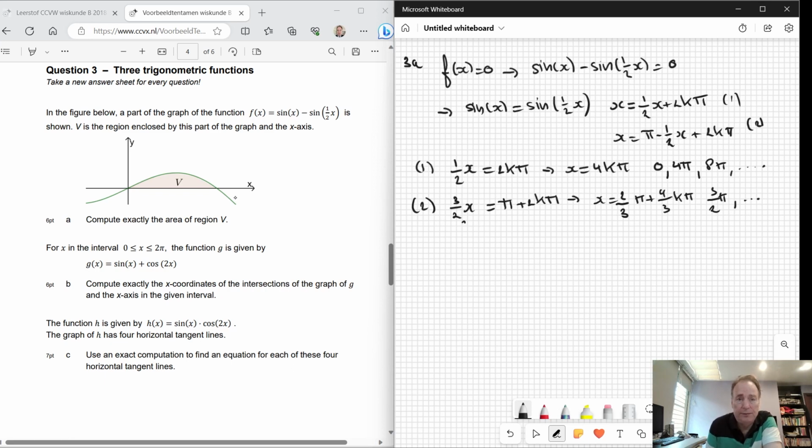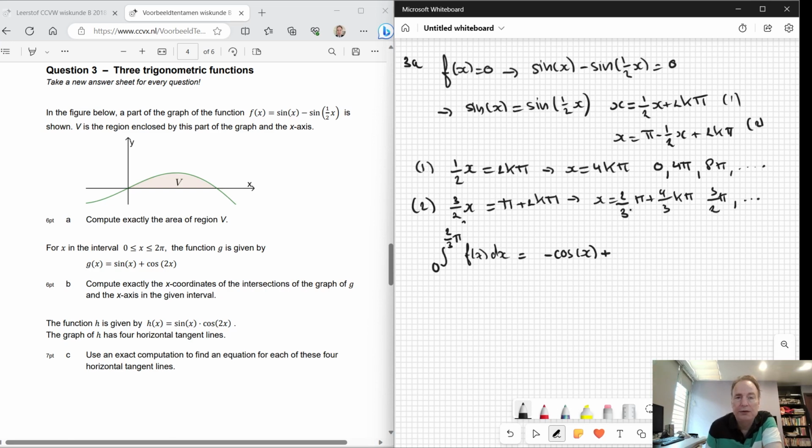Okay, so we found our upper boundary here. So we need to integrate from 0 to 2/3 times pi of that function. And the primitive of sine is a negative cosine.